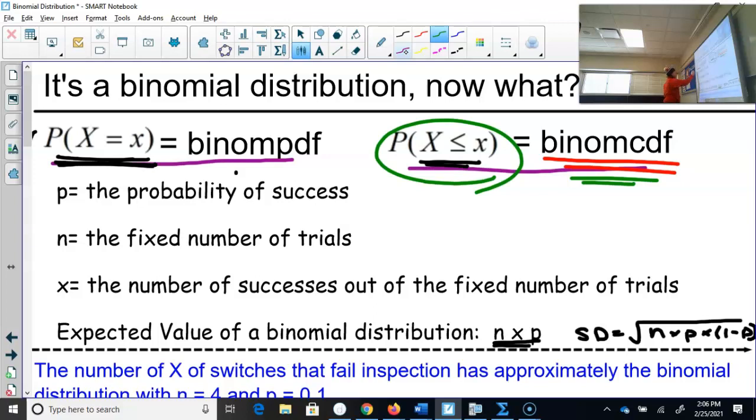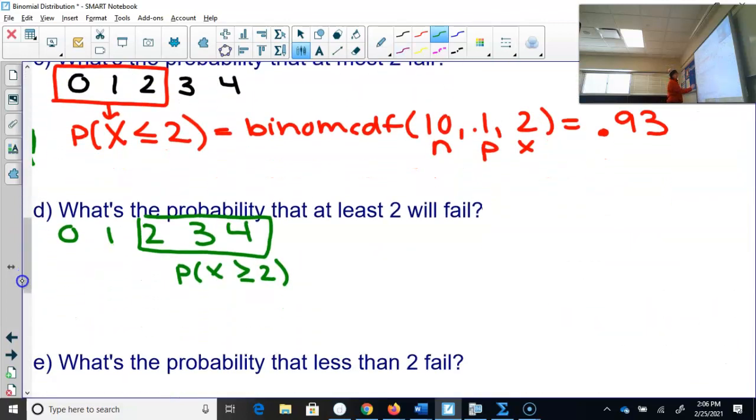Whenever it looks like this, or a greater than, which we'll do here in a second, we need to use the complement rule. The complement rule, remember, is 1 minus the probability of what I don't want. I want what I circled or rectangled here. I want that.